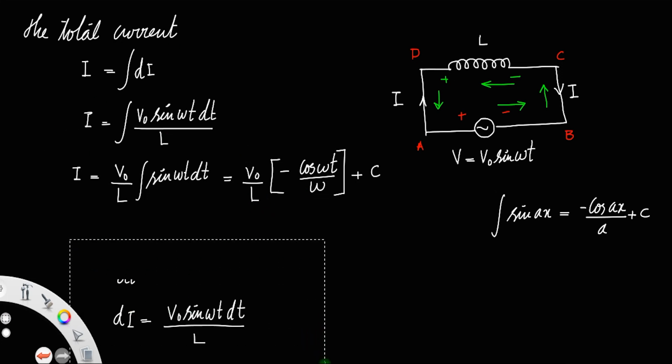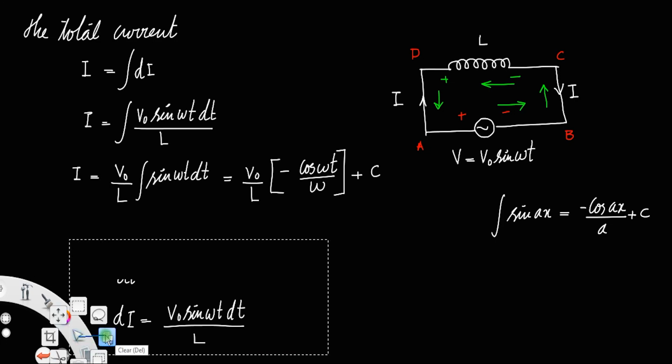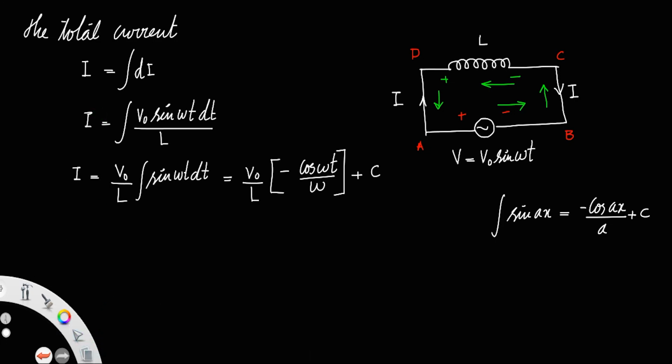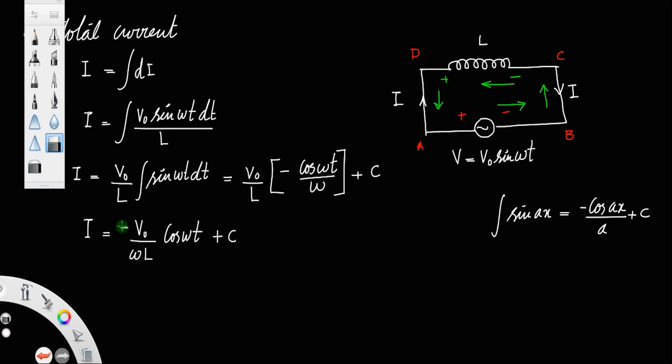Now simplifying this, you will get I is equal to, again we can write this omega and L together. So V0 divided by omega L. Let's put the minus sign here. Cos omega t plus c. Clear? Or let's write the negative sign here itself.